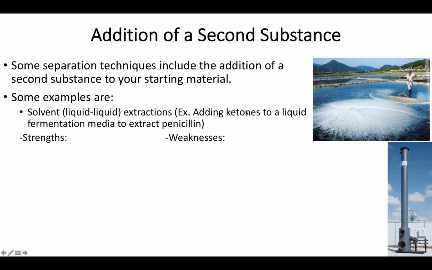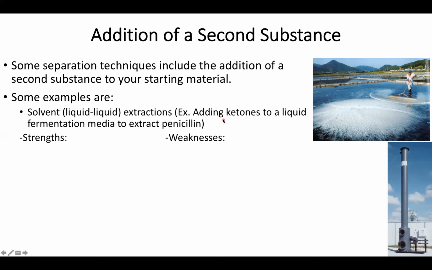One of the strengths of this one is that it's fairly easy to scale up. But it also has major weaknesses in that, guess what? You added another chemical you need. You added the second solvent, whether it's an extra polar solvent or an extra non-polar solvent. And it turns out that maybe those ketones don't come cheap.